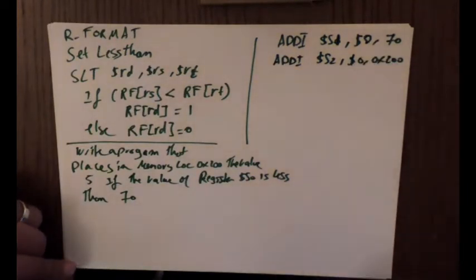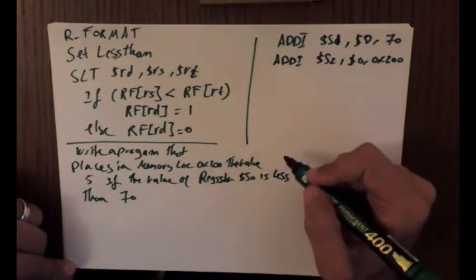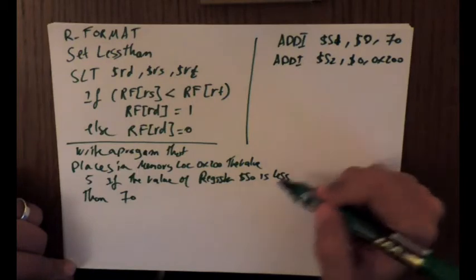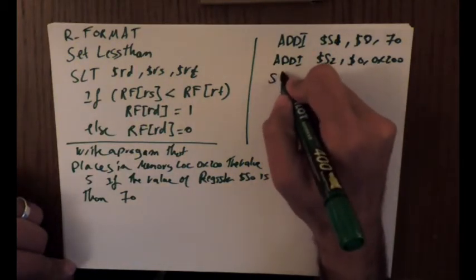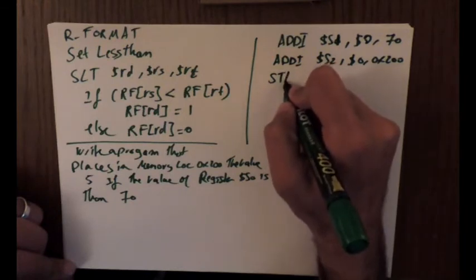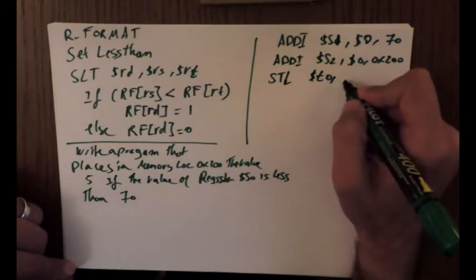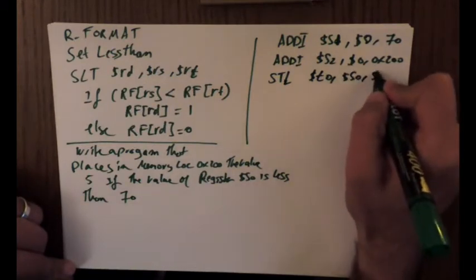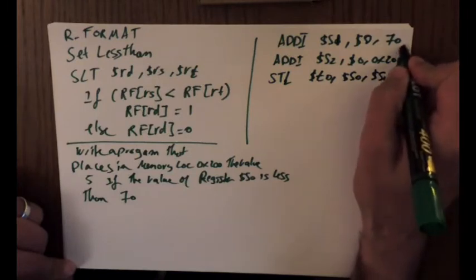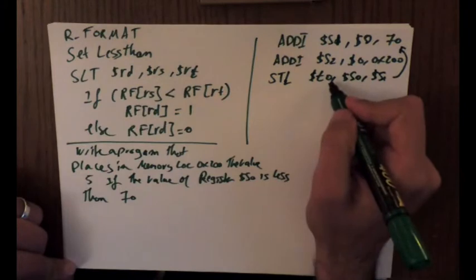Then in this case I would need to compare the value that is in S0 to 70. So here I say set less than $t0. So I want to say that S0 is less than 70, which is found here. It's in S1. So now I have two choices.